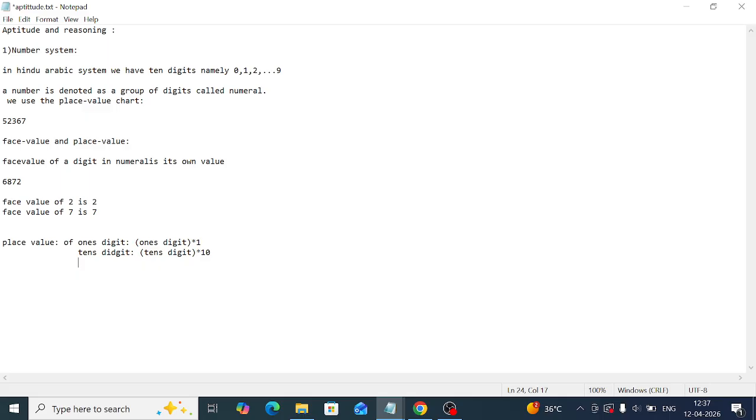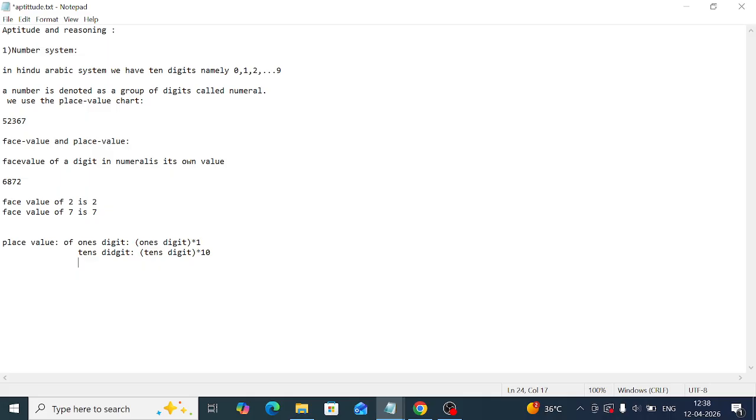Here the units place is 2, so 2 into 1. 7 is in the tens place, so 7 into 10. 8 is in the hundreds place, so 8 into 100. 6 is in the thousands place, so 6 into 1000, and so on.